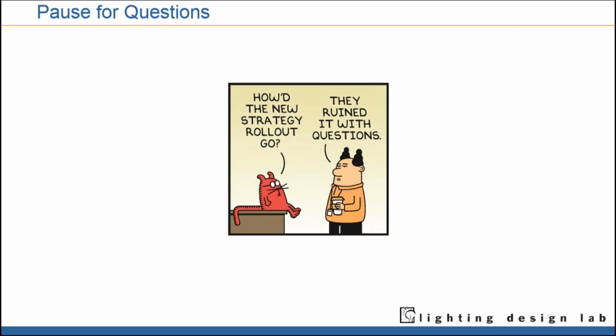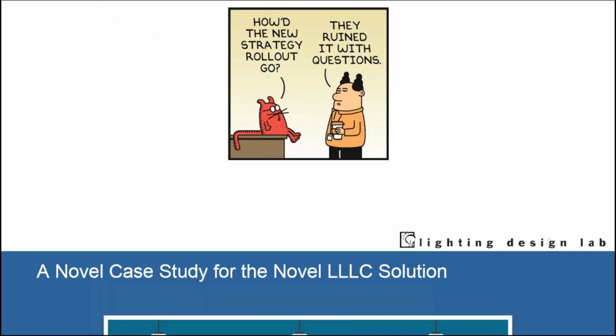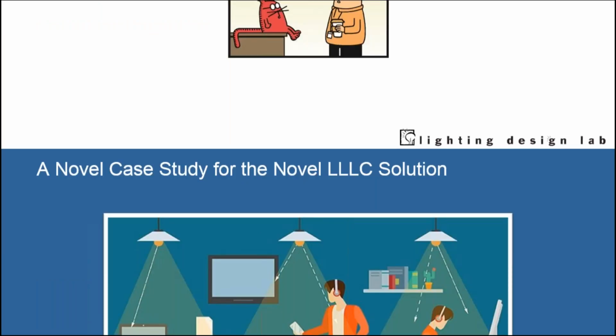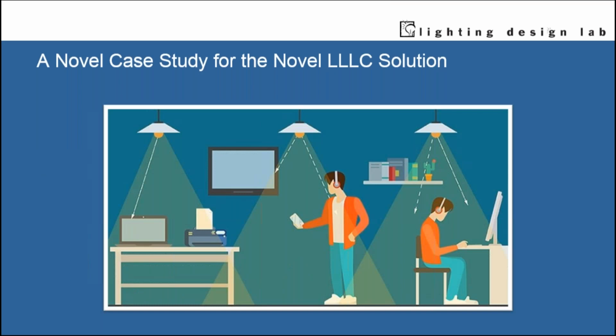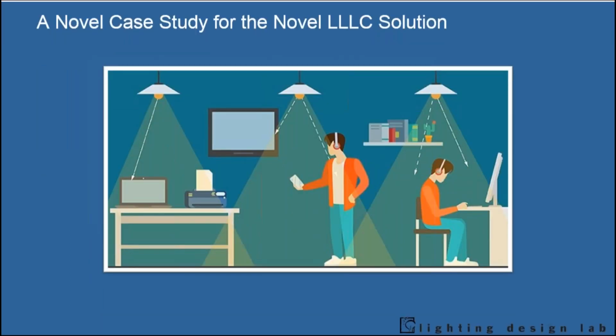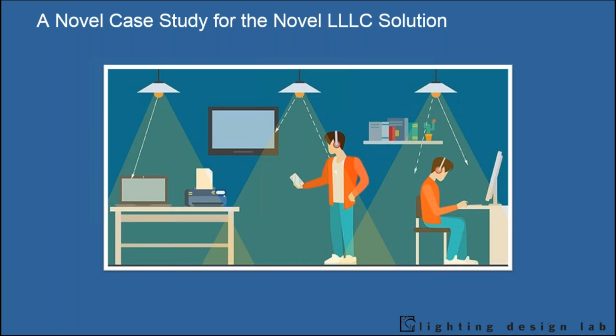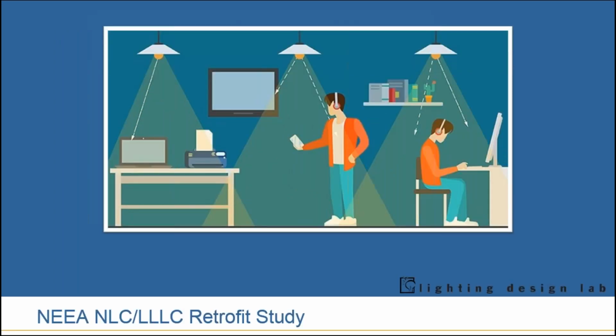Wanted to discuss, as we're saying we want to ensure that we're using the right solutions in the right places, and we're talking a little bit about the luminaire level lighting control technologies. NEEA, the Northwest Energy Efficiency Alliance, at the beginning of this month released a case study with a 900 square foot room and 9 fixtures.